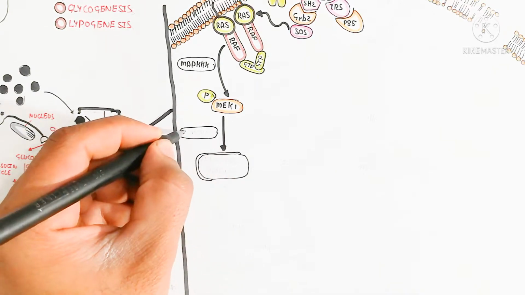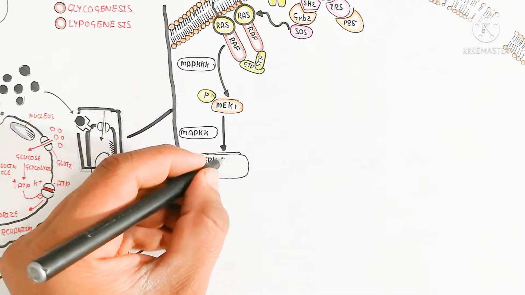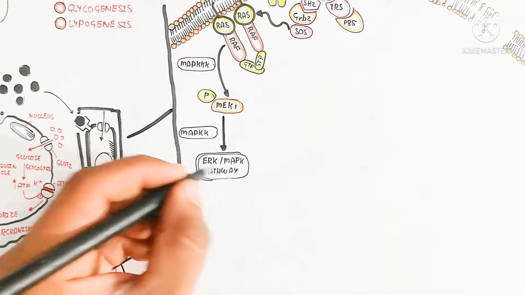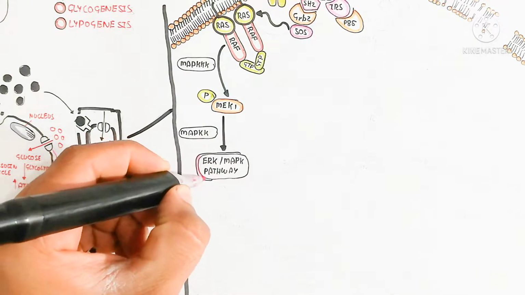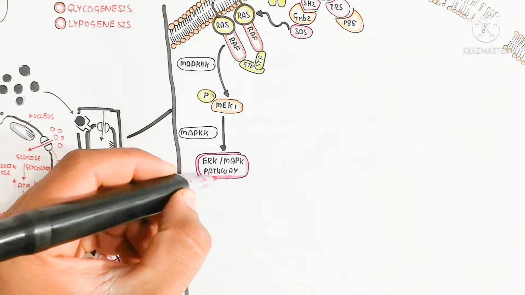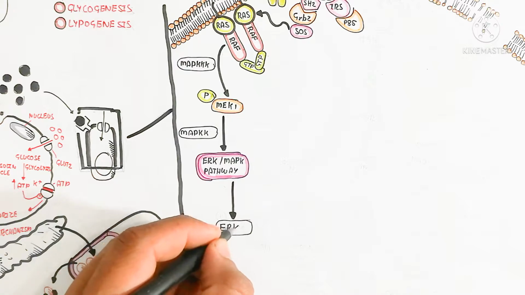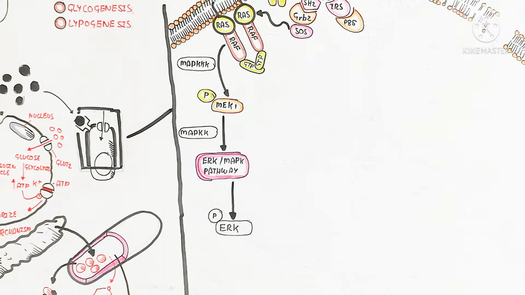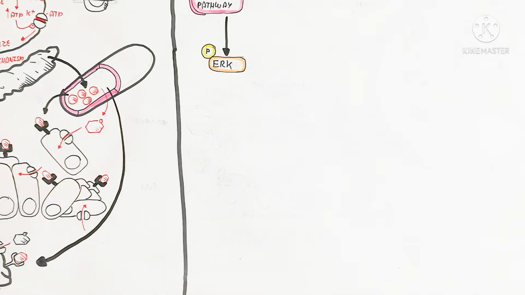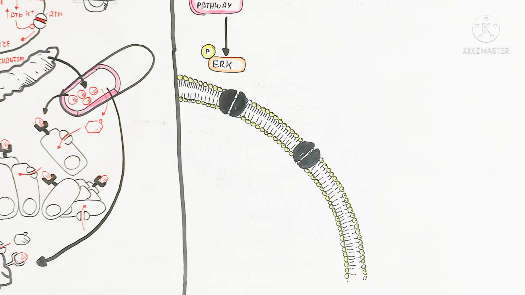In this way, the activation by phosphorylation of the MAP kinase will trigger the ERK and MAP kinase pathway. This ERK and MAP kinase pathway will trigger phosphorylation of the transcriptional factor. After this, the transcriptional factor will go into the nucleus.